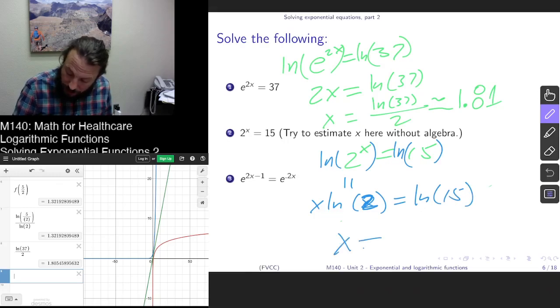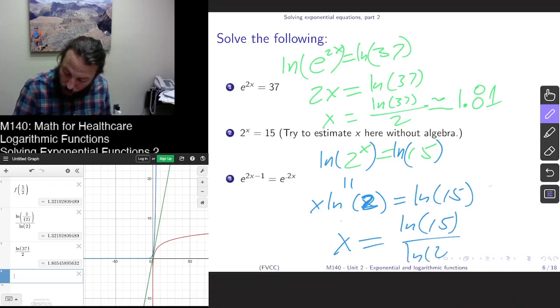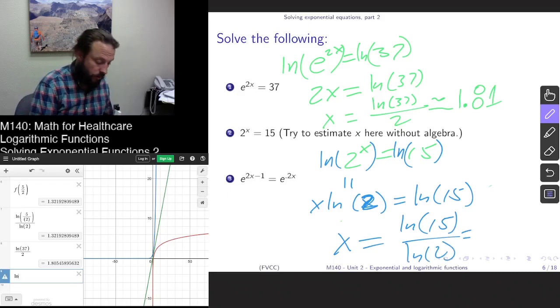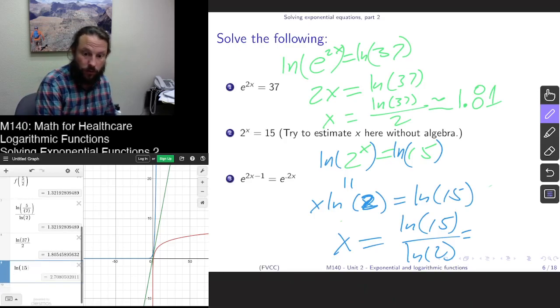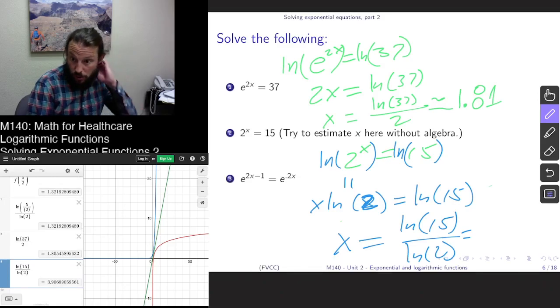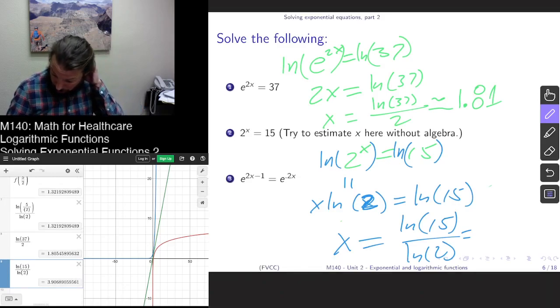We get x equals the natural log of 15 divided by the natural log of 2, and we'll check that in Desmos. 15 divided by ln of 2. Oh, so it's about 3.9.